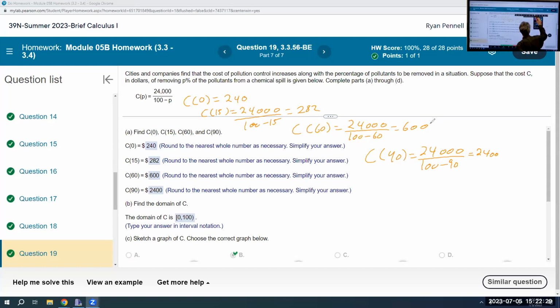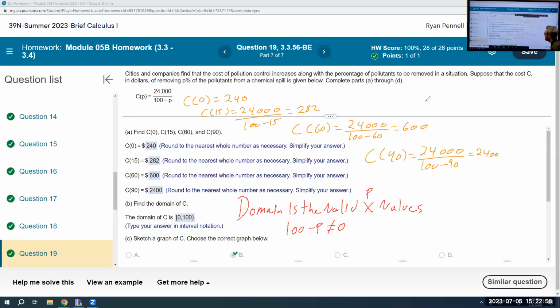We've talked about domain before, but let's talk about it again. Domain is the valid X values, what you're allowed to plug in for X. In this case, I guess it would be P. That's the idea, the input values. Well, what can it not be? 100 minus P cannot equal 0.